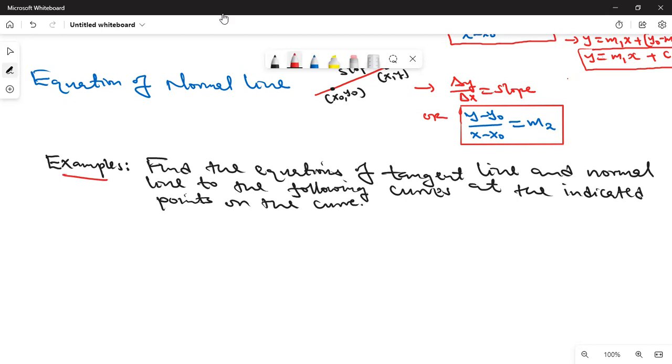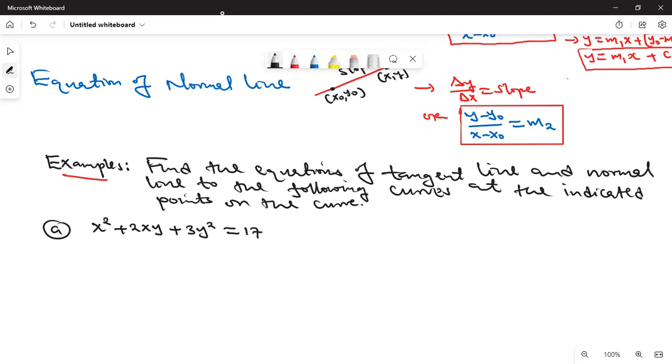Part A. We are given the curve x squared plus 2xy plus 3y squared is equal to 17.